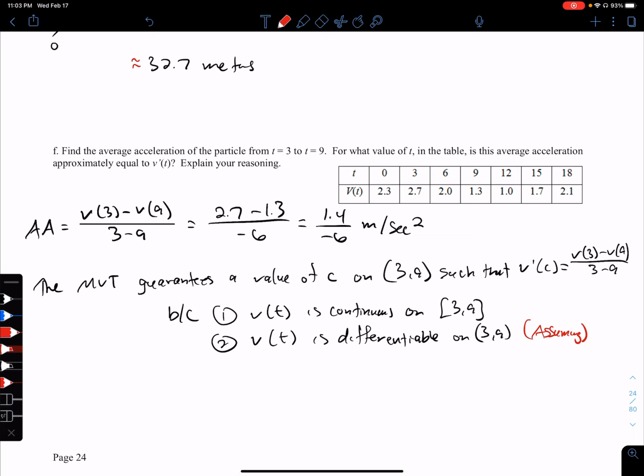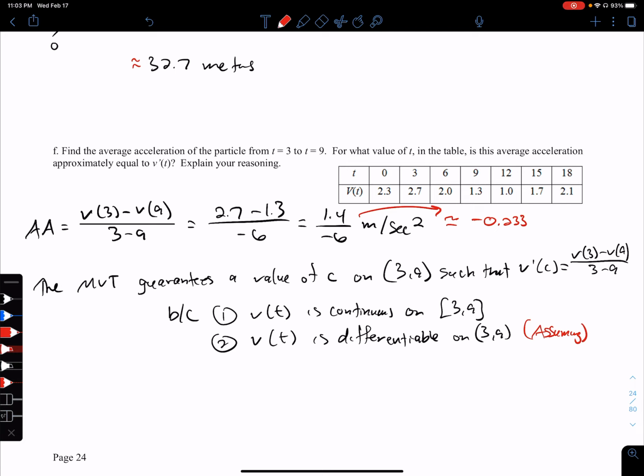There really should be a good reason for us to know that it is or isn't, and we haven't been given a good reason for it is or it isn't. I'm just going to put assuming. And this right here is about negative 0.233. I'm looking.